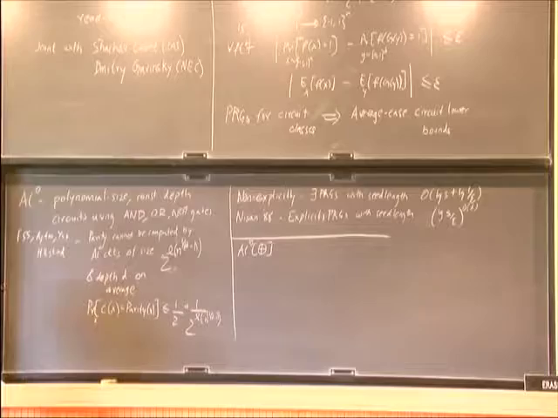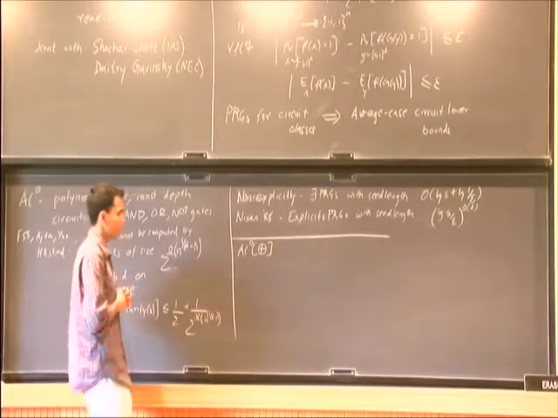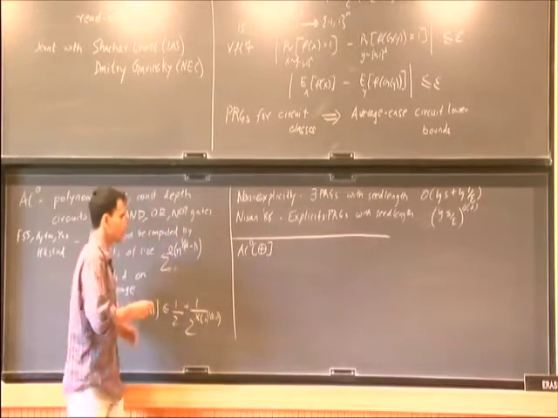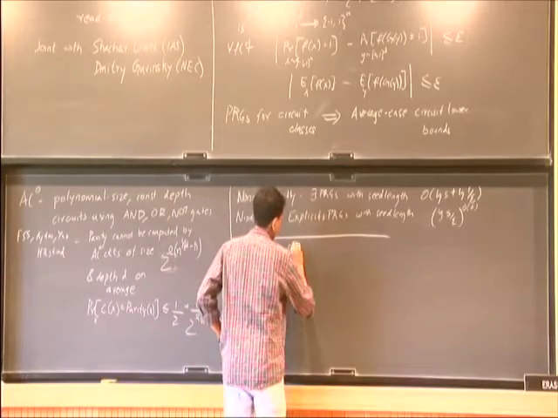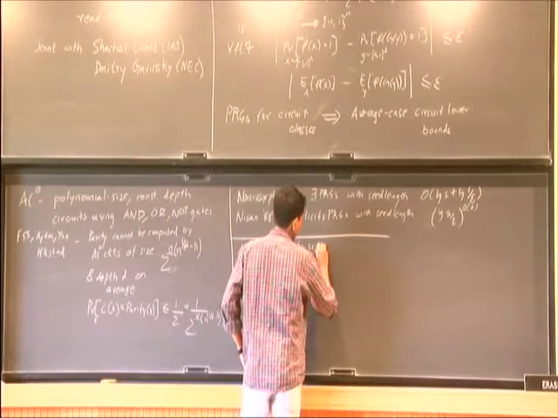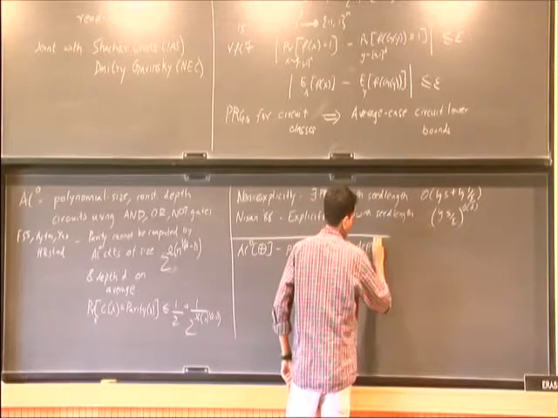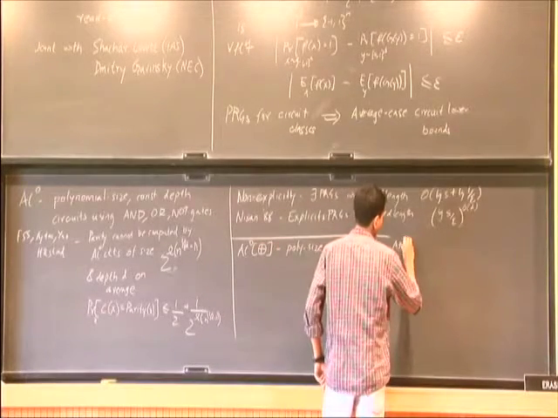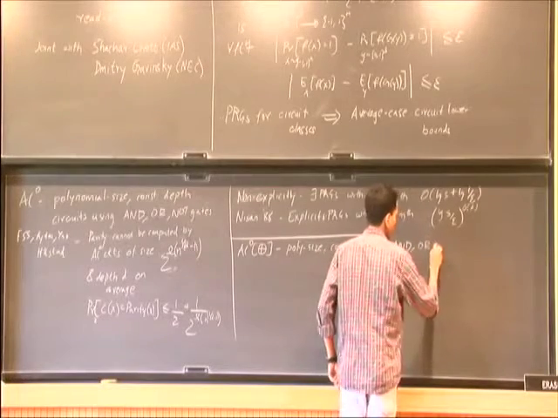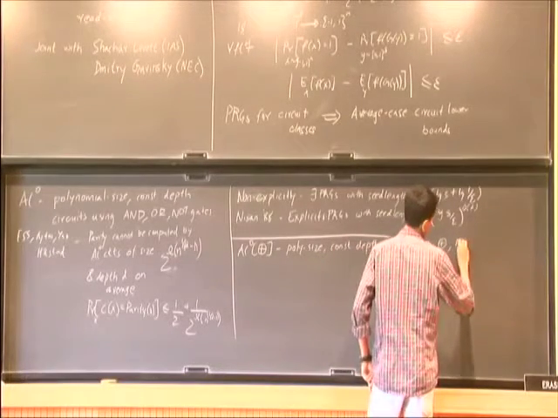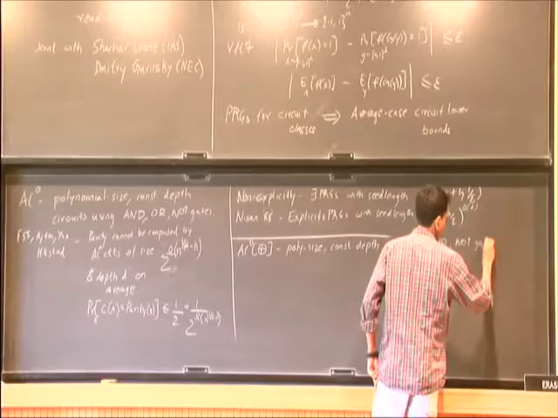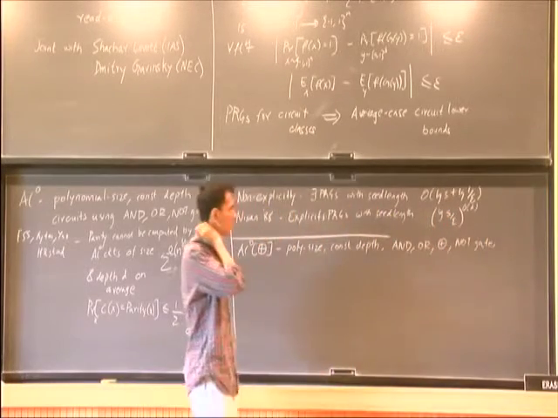So now they can take parities of input bits, of intermediate stages of computation, and so on. This is again poly size, constant depth. I allow AND, OR, parity, NOT.